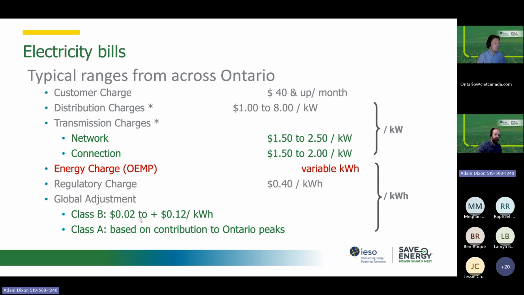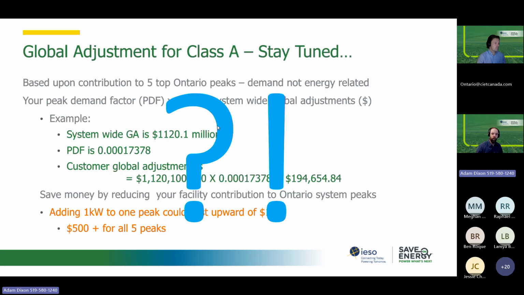And again, if you are on Class A, we do have more to come on there and some strategies on how to potentially reduce your consumption based on those 5 top peaks, which might be changing with more electrification in the province.